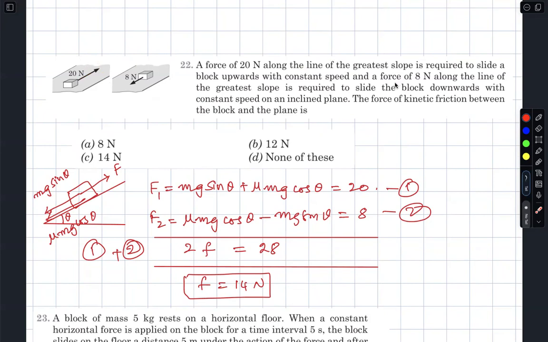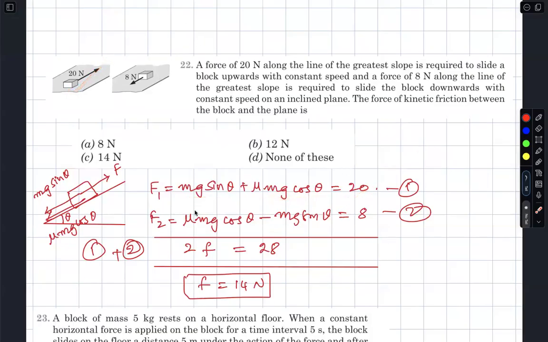So what they are expecting me to find is the force of friction. Suppose we are making it move up, what are the forces acting? Mg sin theta downwards, frictional force downwards, that you will call mu mg cos theta. Because it's moving, that is mg sin theta plus mu mg cos theta. They have given that as 20 Newton.